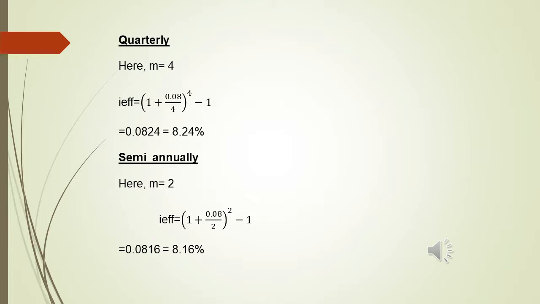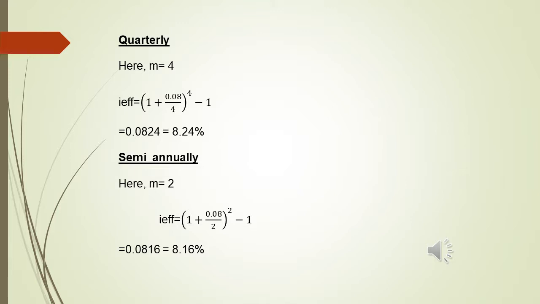For quarterly and semi-annually, quarterly M will be 4 and semi-annually M is 2. Substitute for I effective for quarterly: (1 plus 0.08 divided by 4) whole to the power of 4, minus 1. I'll get 0.0824, so in percentage, 8.24%.